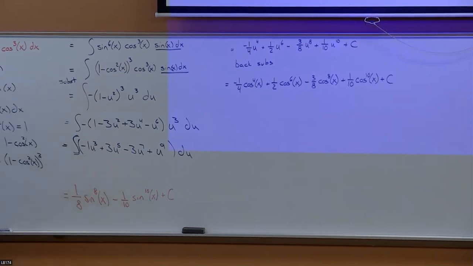So that's why in my original, I chose to let my u be my sine, so I wouldn't have to do much. That's why when you have two odd powers of sine and cosine, I chose the bigger one as my u.